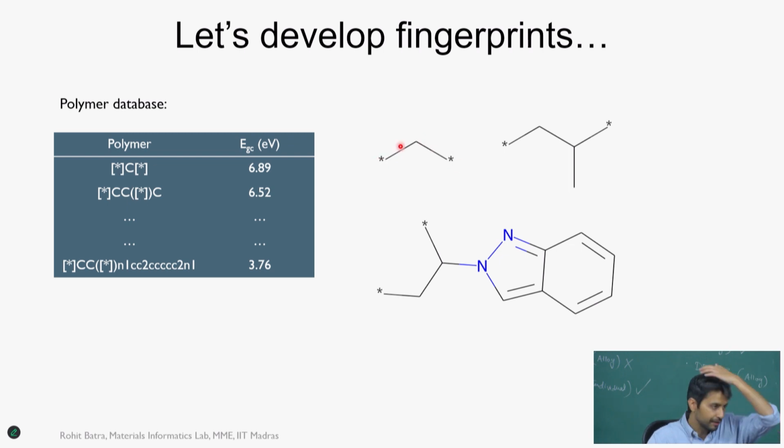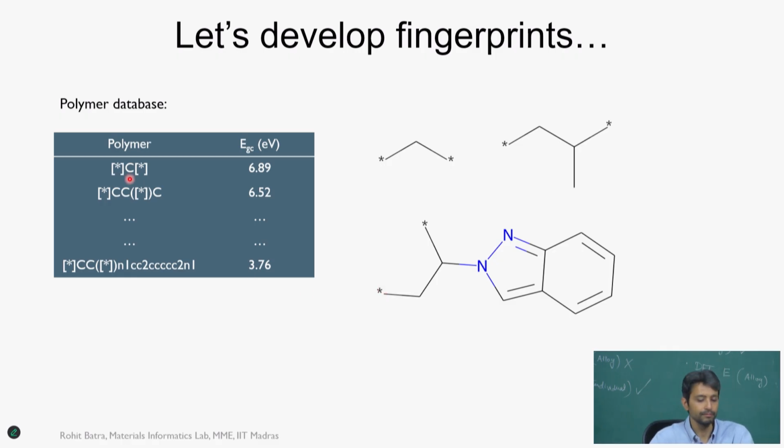Basically, it represents polyethylene, so you have carbon repeating, that's what it is representing. Then this is how the second one looks, and for a more complicated case, this is how. The stars are representing my connecting units, where the connection should happen.